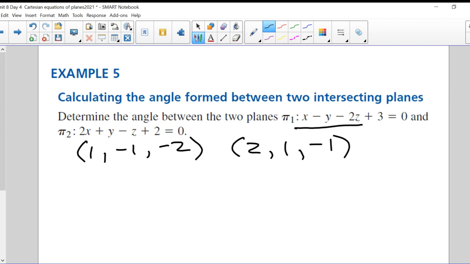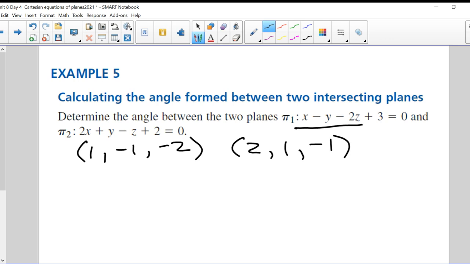Wouldn't the normal angle be supplementary? No, not at all. Because here's what we're saying, Zia. Consider that we have two planes right now, and both planes have an angle between them. That's the first thing we're trying to find. Each of those planes has a normal associated with it.